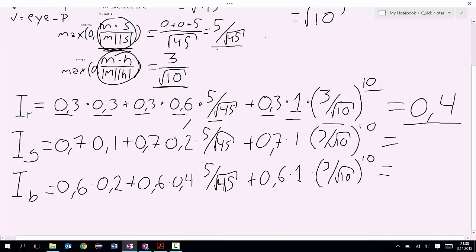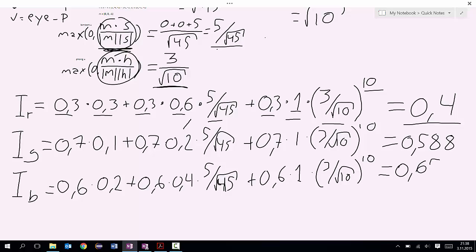So this equals just around 0.588, and this one just about 0.653, sort of, but in the end it's not the end values that matter, but the method of getting to them and understanding what's going on here.